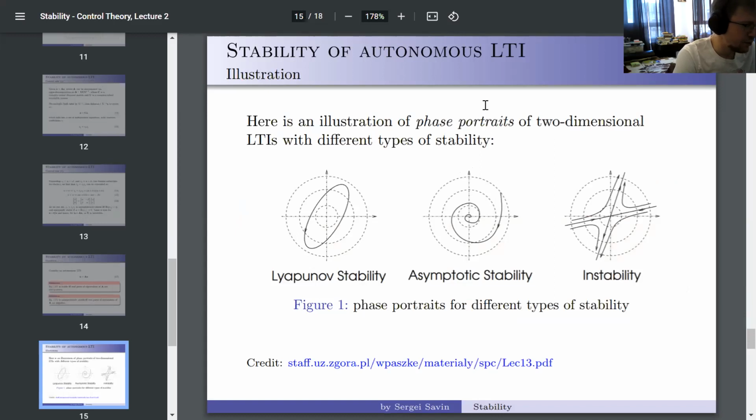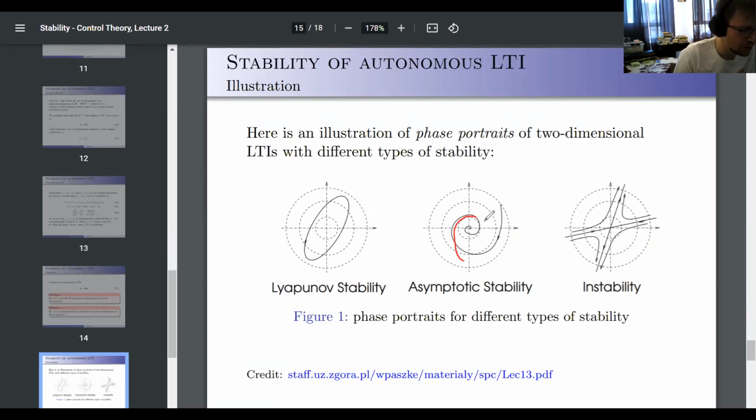Here is what I promised you. This is an example of asymptotic stability. You can see the solutions go towards the origin. Here is marginal stability, also called Lyapunov stability sometimes. The solutions have a closed loop look, so they are circles, ellipses.